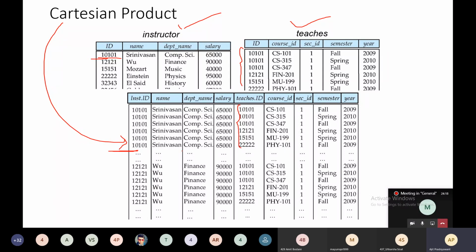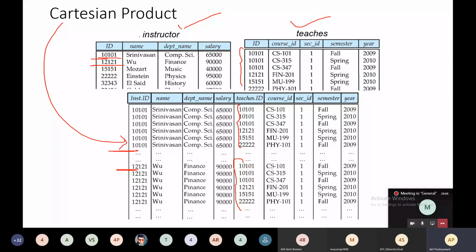Similarly, this second tuple 12121 is mapped to all the tuples in the teaches, and it will have every possible matching tuple, having all attributes.